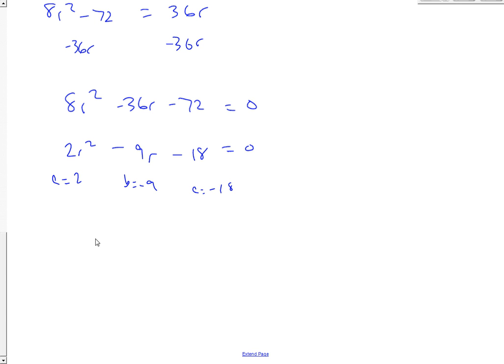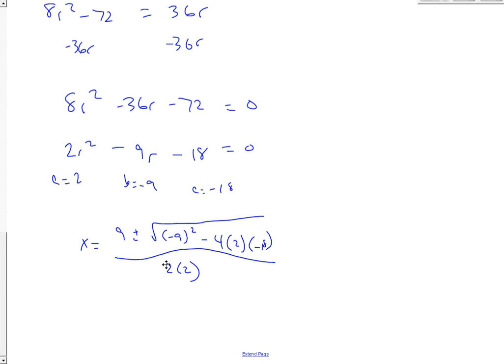So I'm going to have x is equal to 9 plus or minus the square root of negative 9 squared minus 4 times 2 times negative 18, all over 2 times 2. When I simplify the inside of the radical, I will get 225.